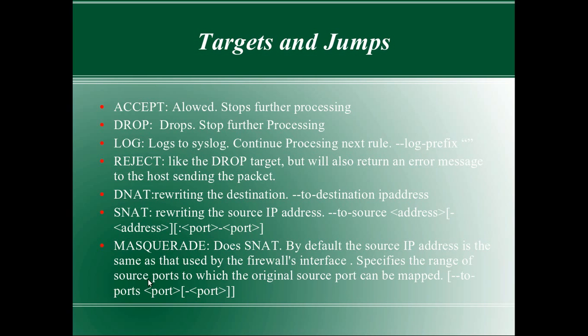It specifies a source port to which the original source port can be mapped. If you talk about the scenario, it's simple. You have a LAN, you have a set of 10 or more PCs, you have a single router with a single public IP address, and you want to access the internet from all these 10 machines. You'll make use of masquerading.